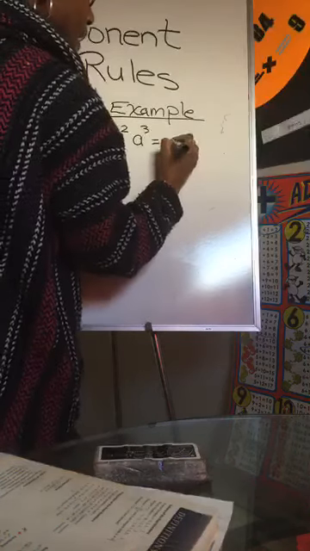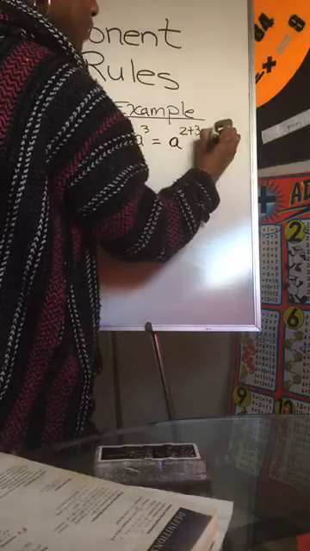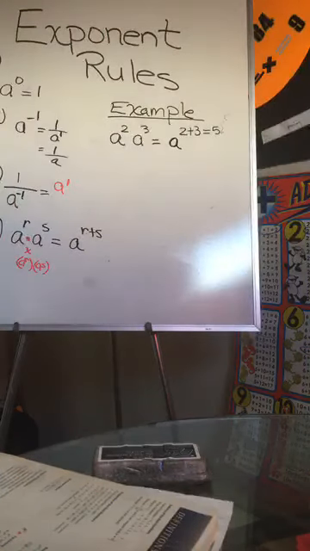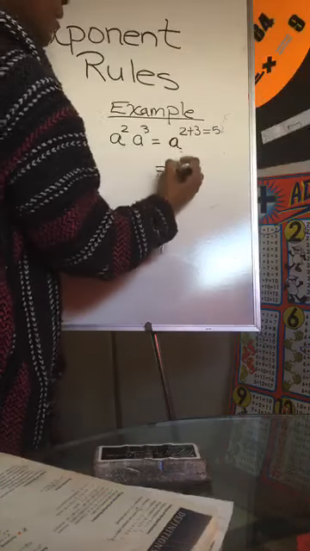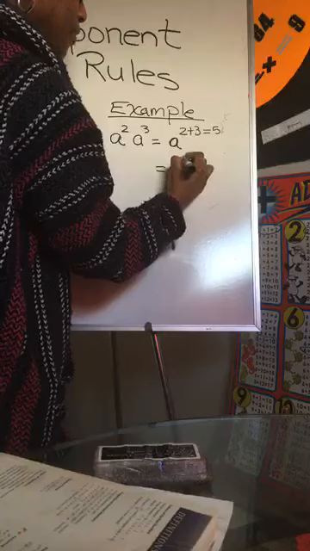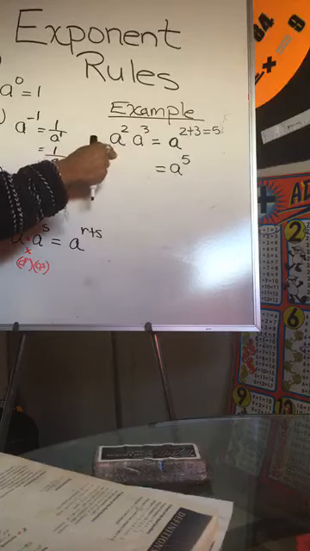So that is 2 plus 3, and 2 plus 3 is equal to 5. Now we add our exponents, and that will be a to the 5th power. I'm only doing an example with the variables here.